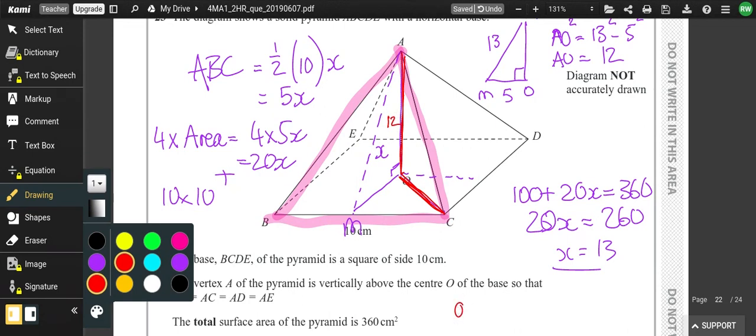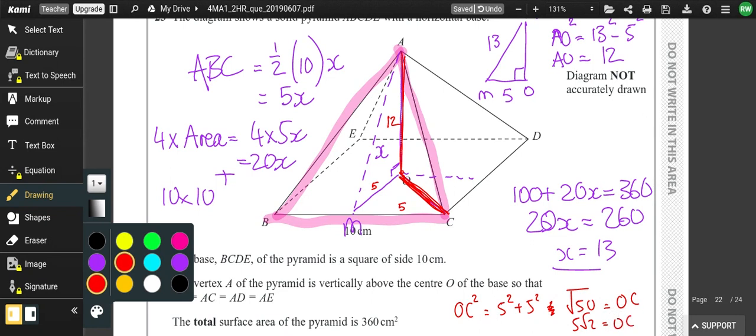So OC squared is equal to 5 squared plus 5 squared. Because we've got 5 here, and we want this here. So that is OC would be root 50. I should put that on the same line there. So root 50 is actually OC, which is 5 root 2.